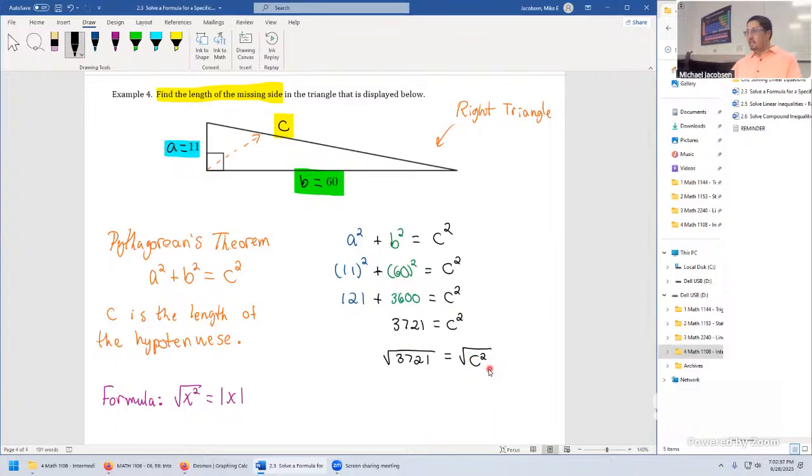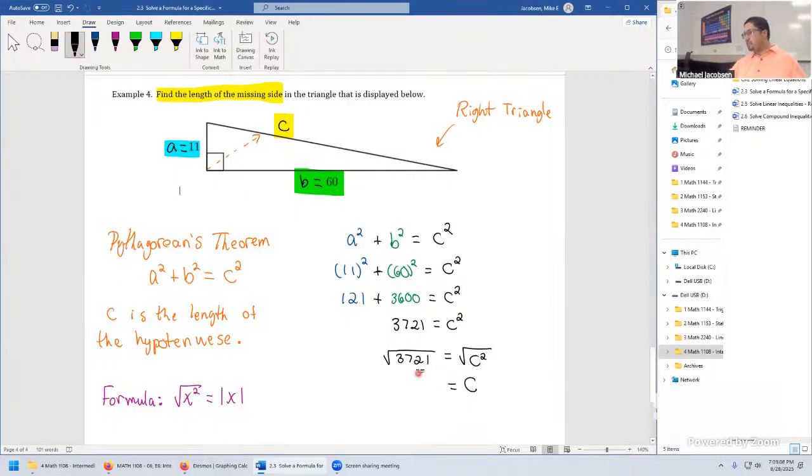We don't need absolute value because C is the hypotenuse of a triangle. It's automatically positive. So when that variable C is positive, square root and power 2 will cancel each other out, leaving just C itself. The reason to put this on the paper right now is really just as a forewarning. Later on in the course, we will have to pay attention to that. If C was allowed to be negative, we would have needed the absolute values in this.